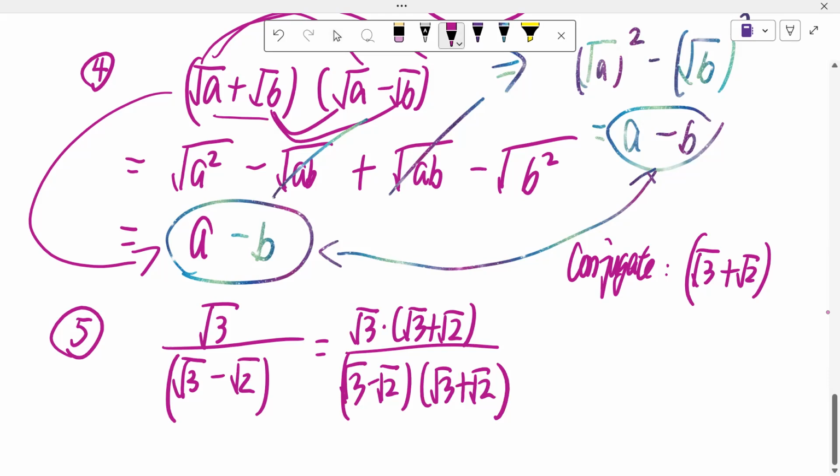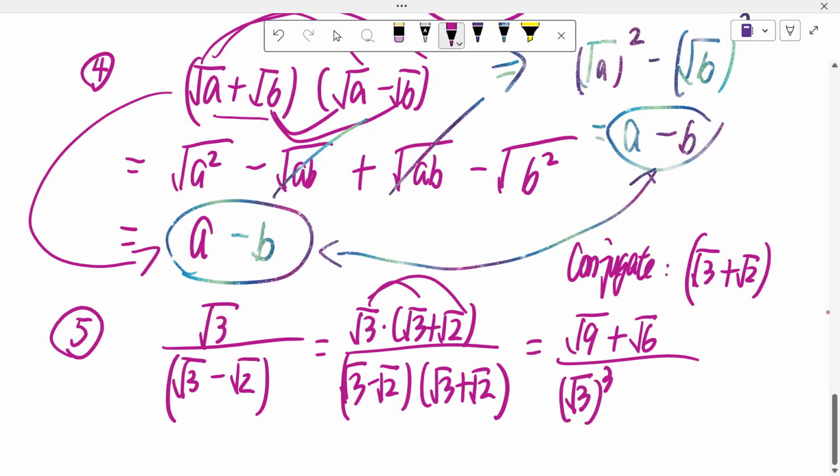On the bottom, it becomes A minus B times A plus B. On the top, we just distribute: radical 3 times radical 3 is radical 9, plus, and then radical 3 times radical 2 is radical 6. Bottom, this is A minus B, A plus B, so it becomes A squared, radical 3 squared, minus radical 2 squared.